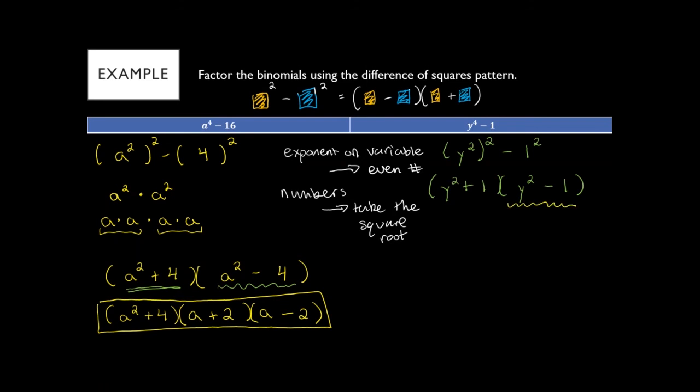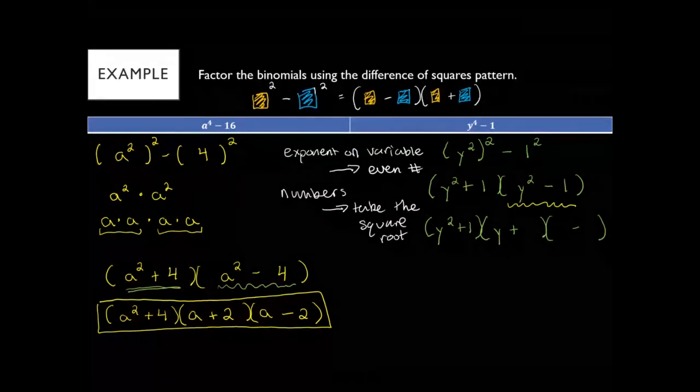Then I have a y squared minus 1. That is another difference of squares. So I have a y squared plus 1 that I can't factor. Now I need to factor my y squared minus 1.